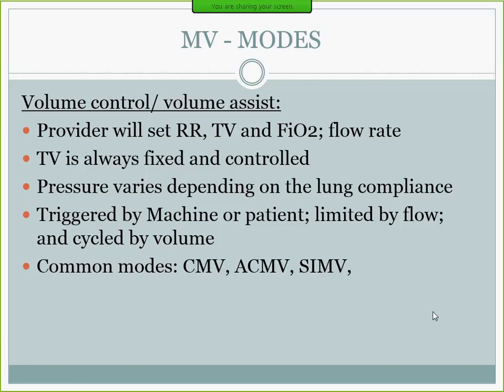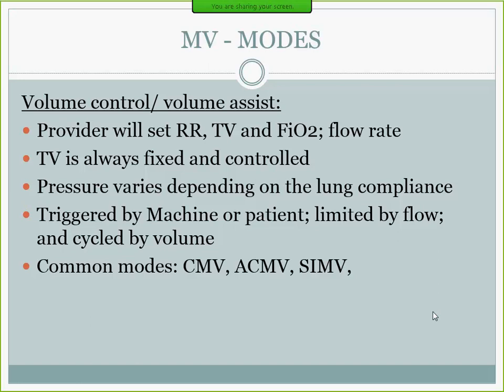What triggers the machine in a volume control mode is basically the tidal volume. Once the patient reaches that tidal volume, the machine recycles, it exhales, and the same thing happens again. So the tidal volume is controlled by the machine. The common modes are control mechanical ventilation, assist control, and SIMV.